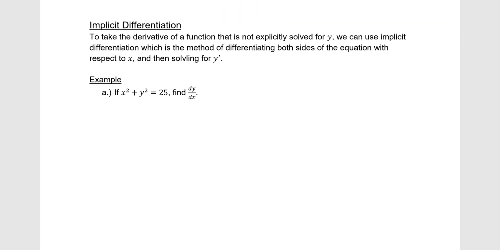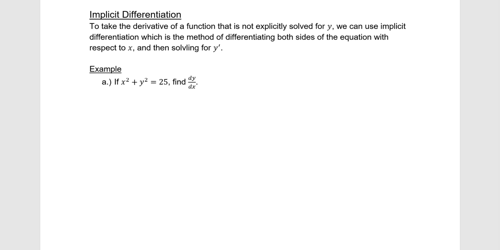Okay, so implicit differentiation. To take the derivative of a function that's not solved for y, we are going to be using this method. And this method is going to be differentiating both sides of the equation with respect to x, and then solving for y prime afterwards.